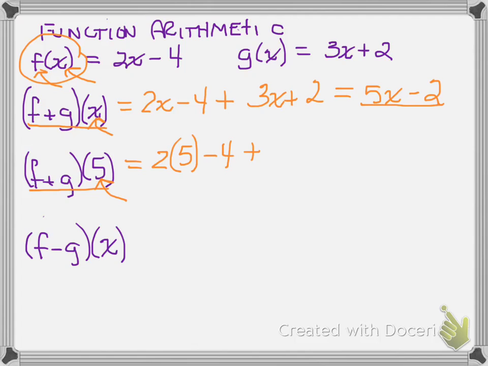And for g of x, wherever we see an x, we're going to substitute that 5 because likewise 5 is our new input rather than x. And when we do this arithmetic, let's see, we're going to get 10 minus 4 is going to be 6, plus 15 is going to be 21, plus 2 is going to be 23.